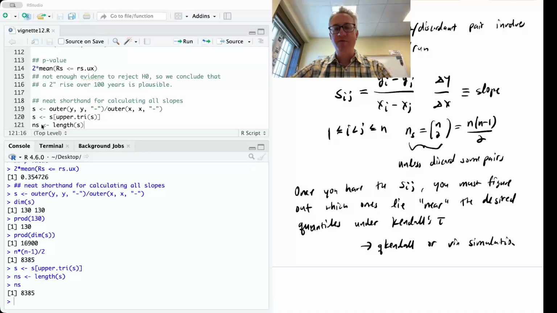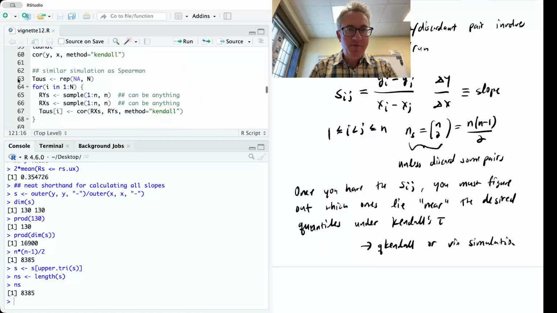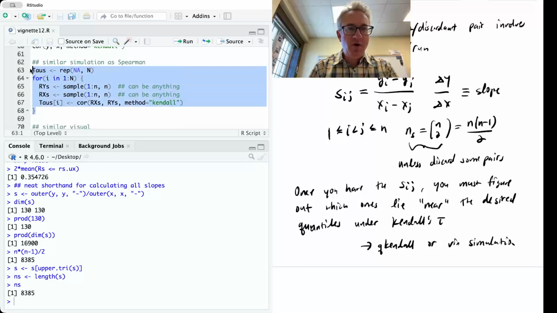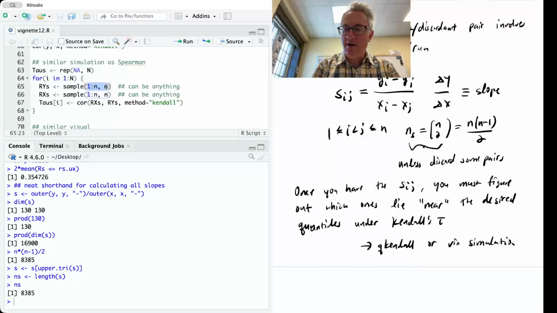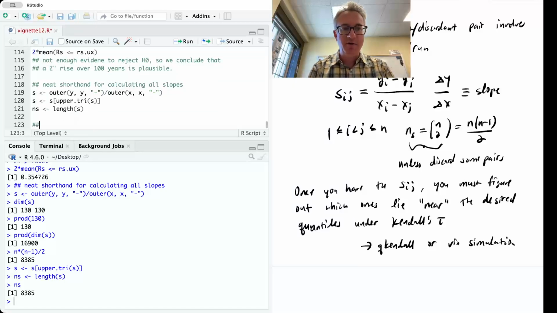So that is doing a for loop. So let's talk about that. We already have the for loop. We did it earlier. So we could just run another one of these using the n that comes in our data set. I do that in the book, but I'm not going to do that here. I'm just going to use qKendall here just to take a little bit of a shortcut.